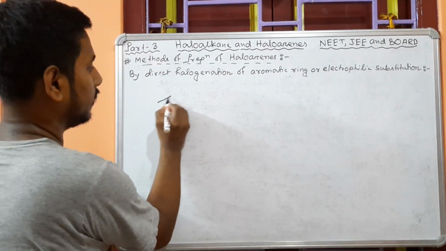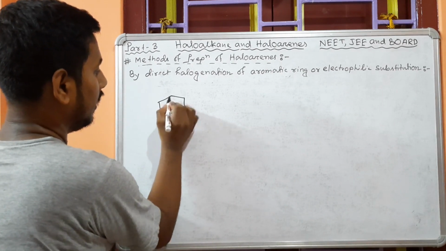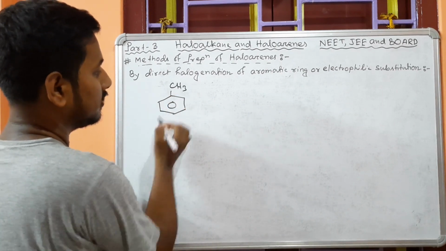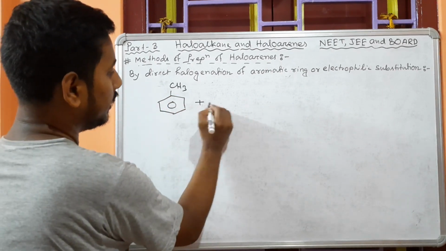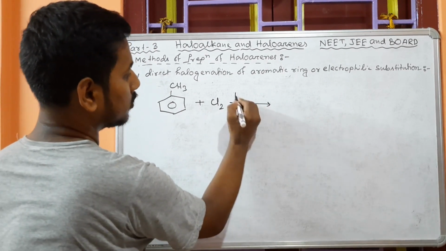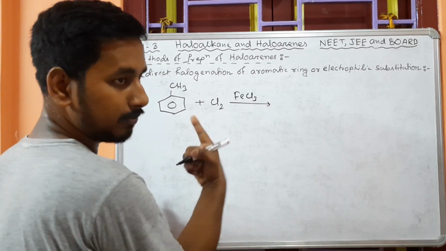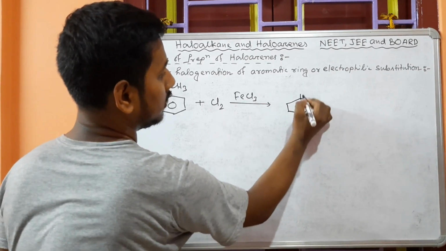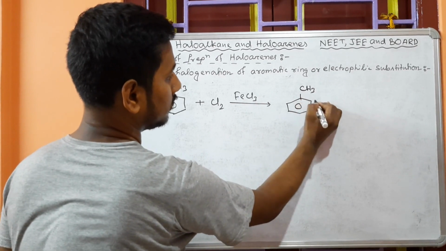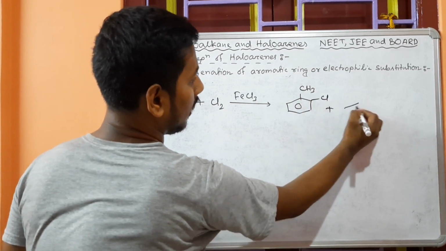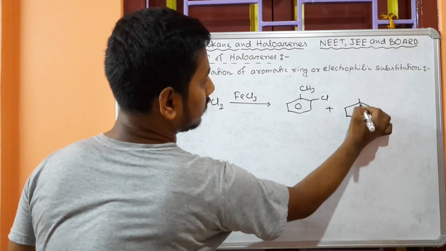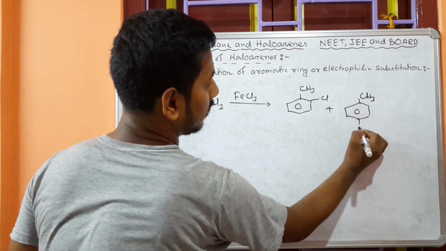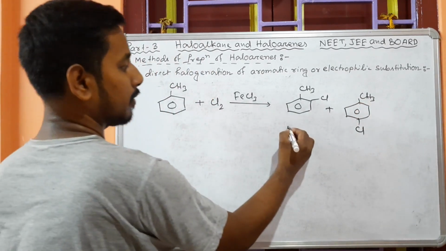After that, say you have toluene, this is your benzene ring, and here CH3. This is toluene, and here if you give Cl2 in presence of FeCl3, then you get two different products, with CH3 and Cl, means ortho and para products you get.